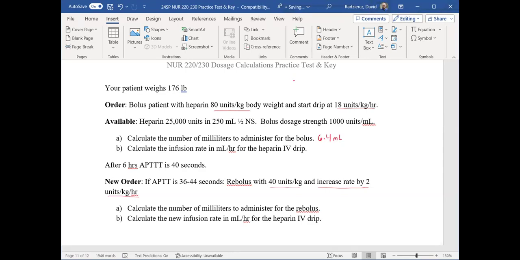Because 176 pounds is an even 80 kilograms, right? So we don't have to worry about any decimals with that. Then 80 times 18 divided by 100, we get 14.4, which is good. That's what we were getting. Remember, it's milliliters per hour. This is a flow rate.